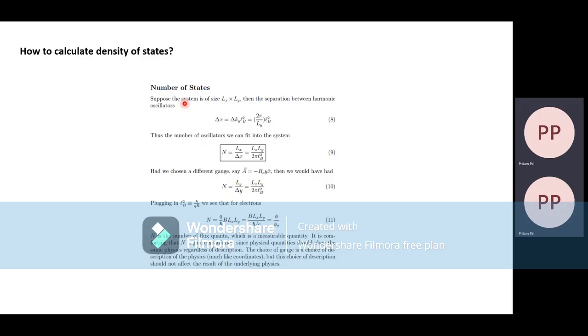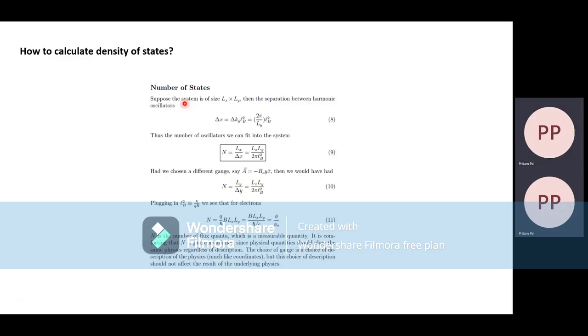This will be the area of the rectangle we are talking about. Then using the separation of variables with the harmonic oscillator, you can simply write delta x equals delta ky times lB squared, which is 2 pi by Ly times lB squared.